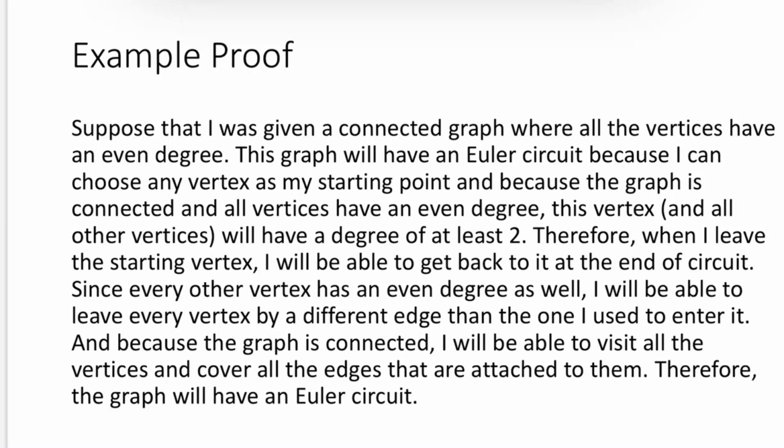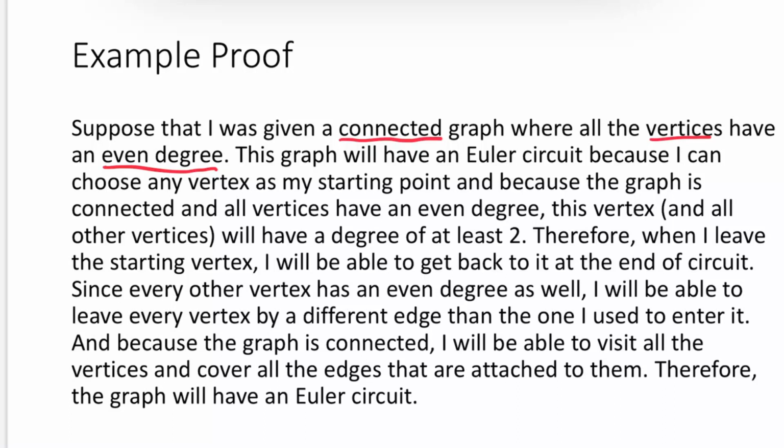I start off by saying, suppose that I was given a connected graph where all the vertices have an even degree. So this sentence is where I'm assuming my if statement. Then I go into my proof to explain why an Euler circuit does exist.